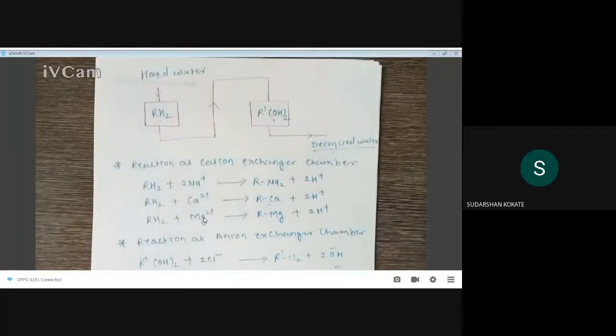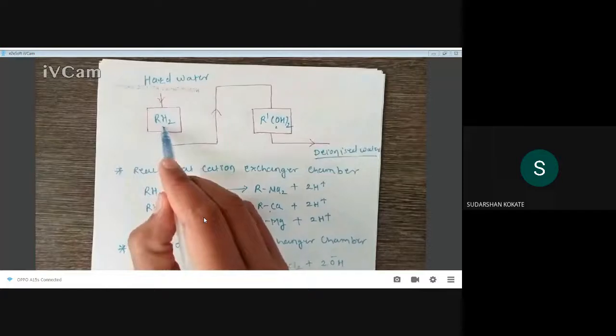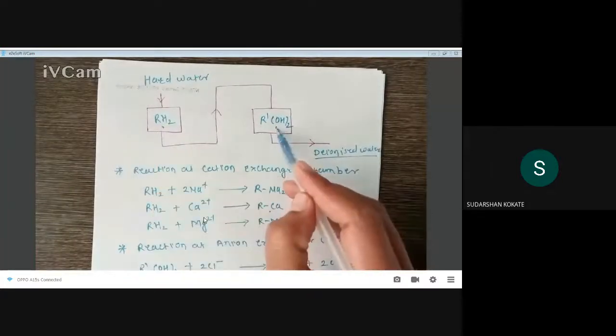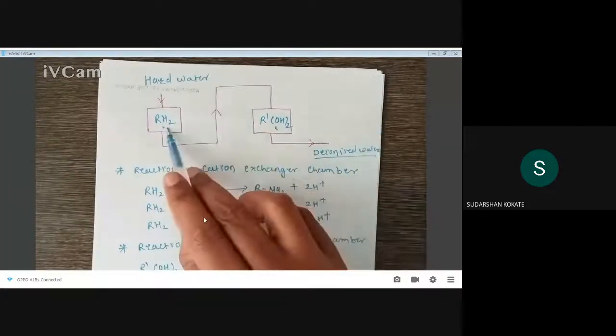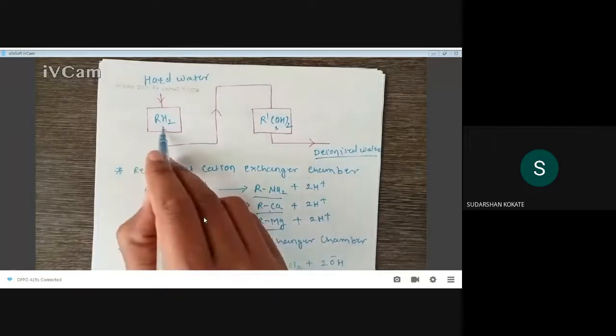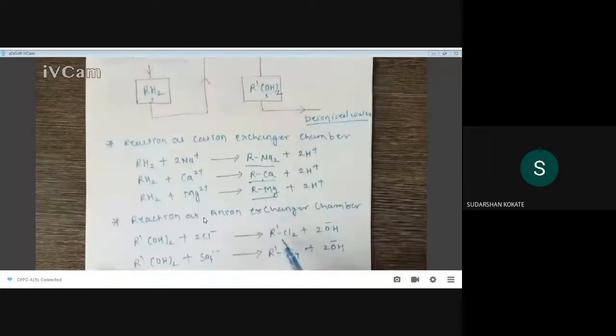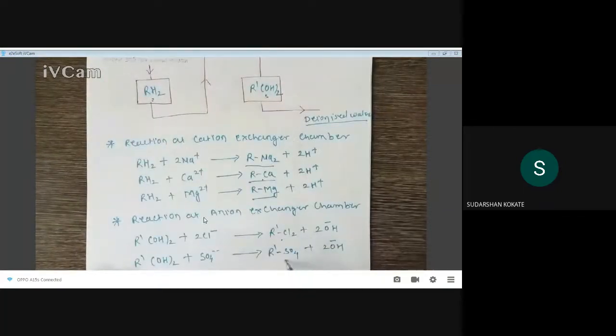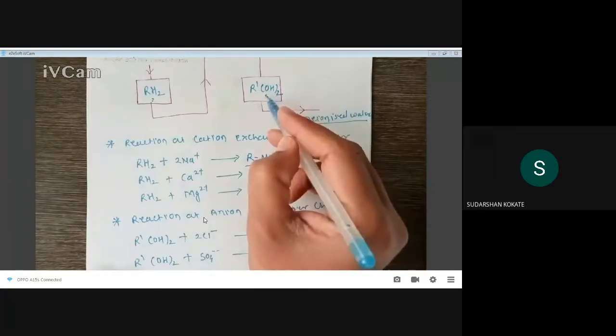Due to continuous washing, your cation exchanger chamber and anion exchanger chamber get exhausted. Their regeneration capacity is reduced. Why? Because R-Na2, R-Ca, R-Mg are the species exhausted in the cation exchanger chamber, and R-Cl2, R-SO4 are the exhausted species in the anion exchanger chamber, right?